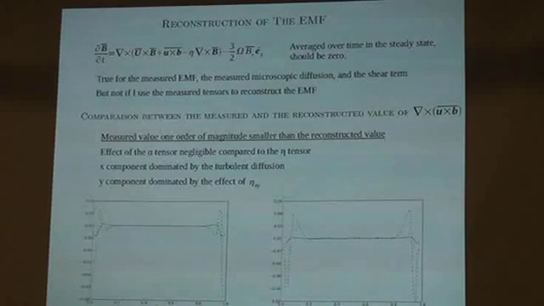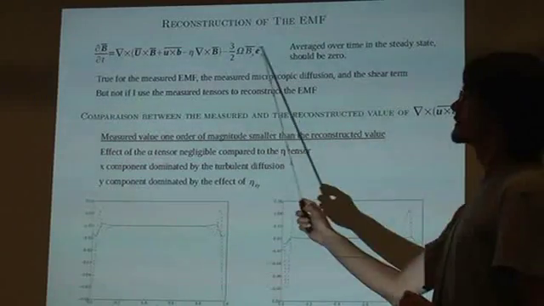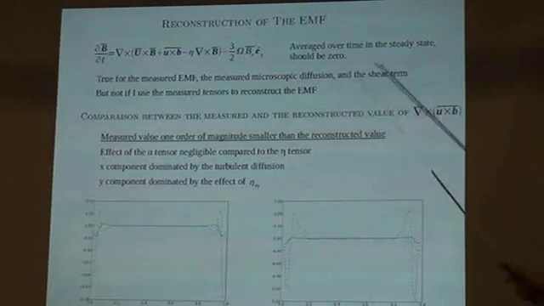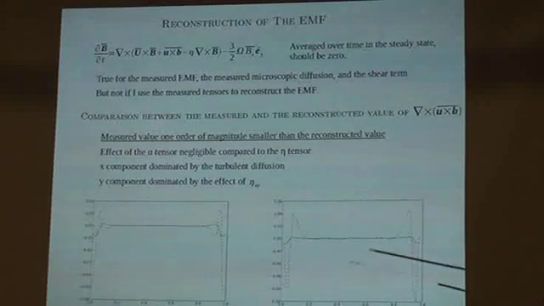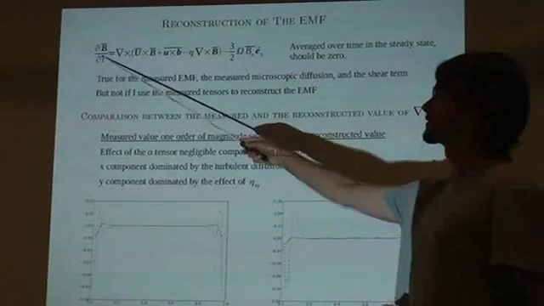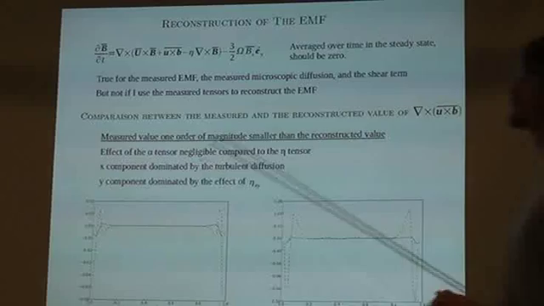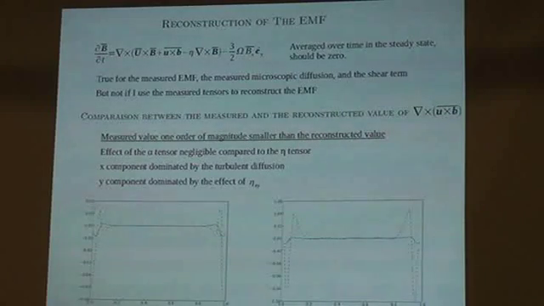I have tried to reconstruct the EMF to see if this measurement gives at least some explanation of what I have. If we take the induction equation and average it over the final steady state, this should be 0, so all the terms should balance each other.